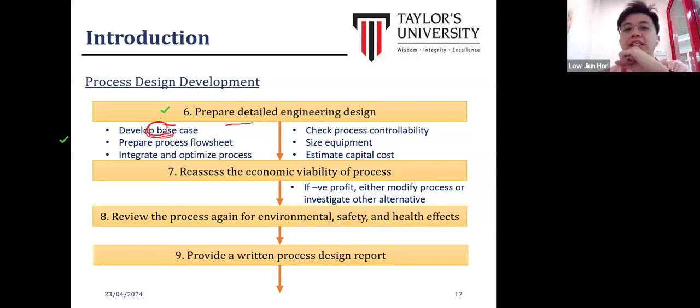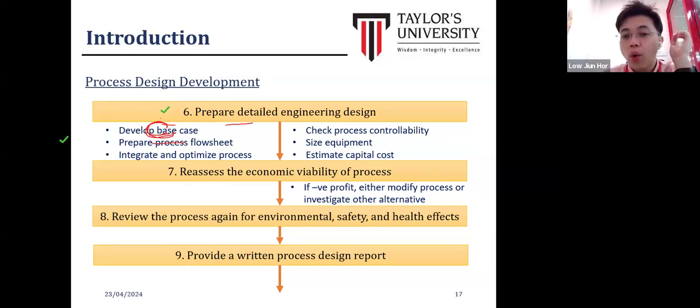Since you already identified the product and selected the most suitable technology and process, now you need to prepare a complete process flow sheet. Process flow sheet means the block diagram. Do you know what a block diagram is? The diagram that you draw in your mass and energy balance, that one we call a block diagram.